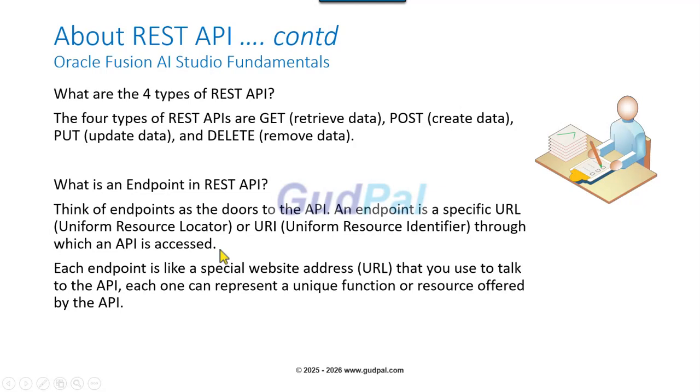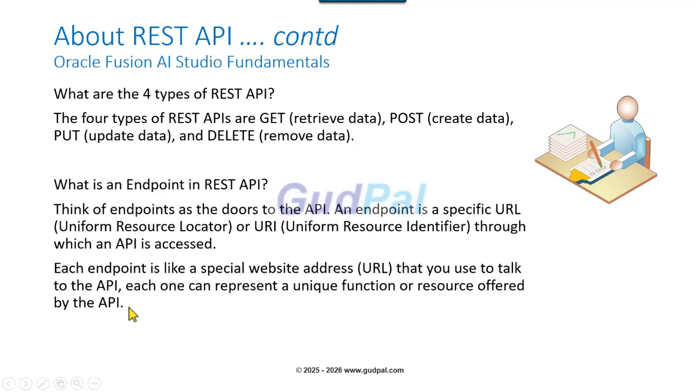So the API is accessed via a URL you provide, and each endpoint is like a special website address that you use to talk to the API. Each one can represent a unique function or resource offered by the API.